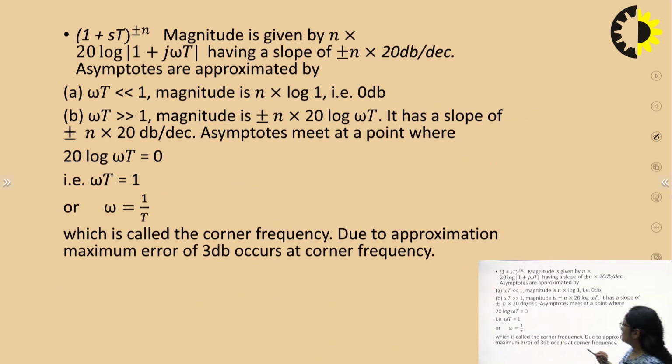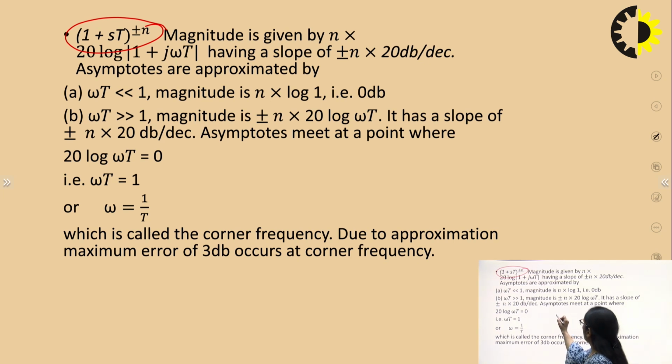The next term is a simple pole or a simple zero. Simple pole or simple zero means 1 plus sT, which is the standard form in which we write the transfer function to sketch a Bode plot. So 1 plus sT is a zero.